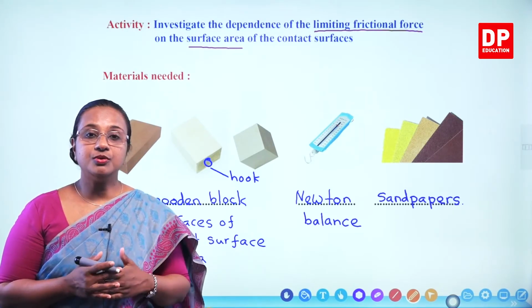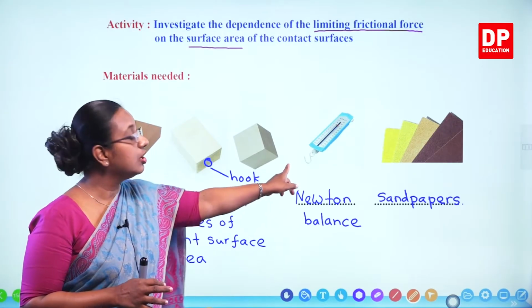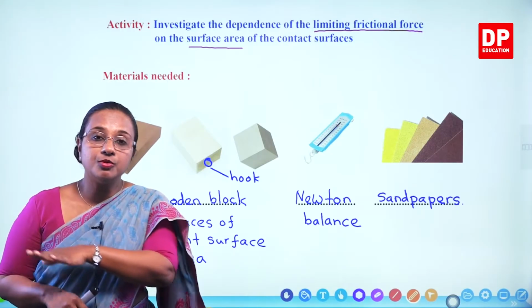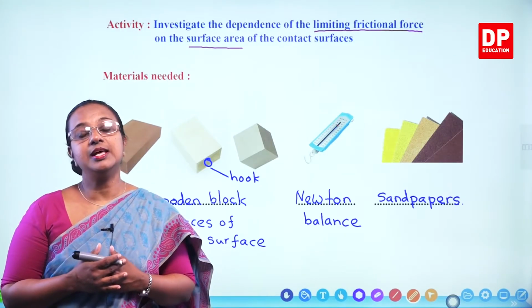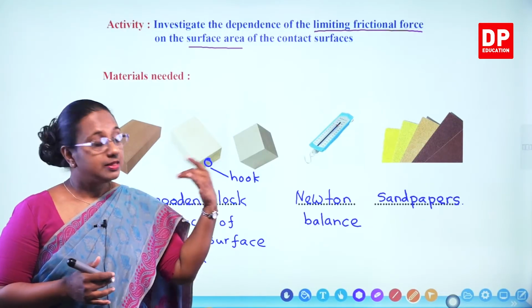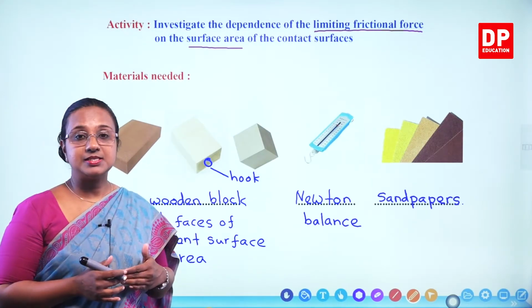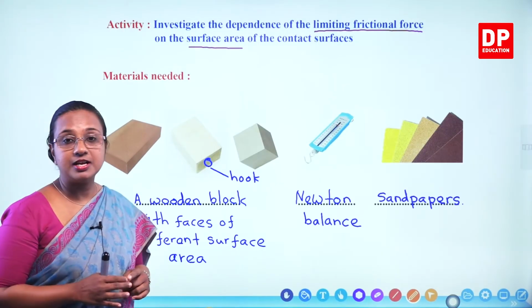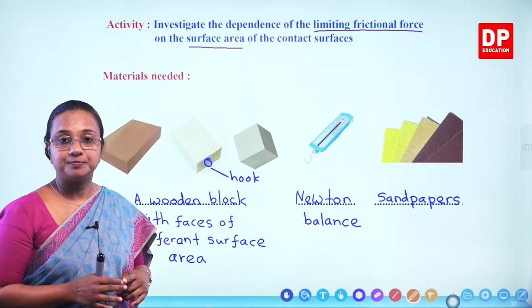And also we have to apply a horizontal force so that the block moves along the horizontal table or the horizontal surface. Then we repeat the procedure with a different face having a different surface area.